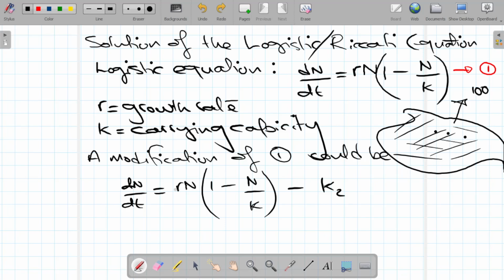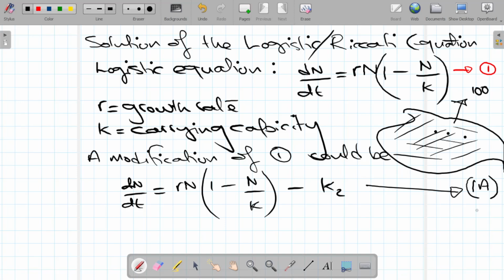Now, what we're going to do is we're going to look particularly at this equation here, which we'll call 1a. I haven't labelled it as 1a in my notes, so I don't want to get what I'm about to write confused with what I've already written in my notes.